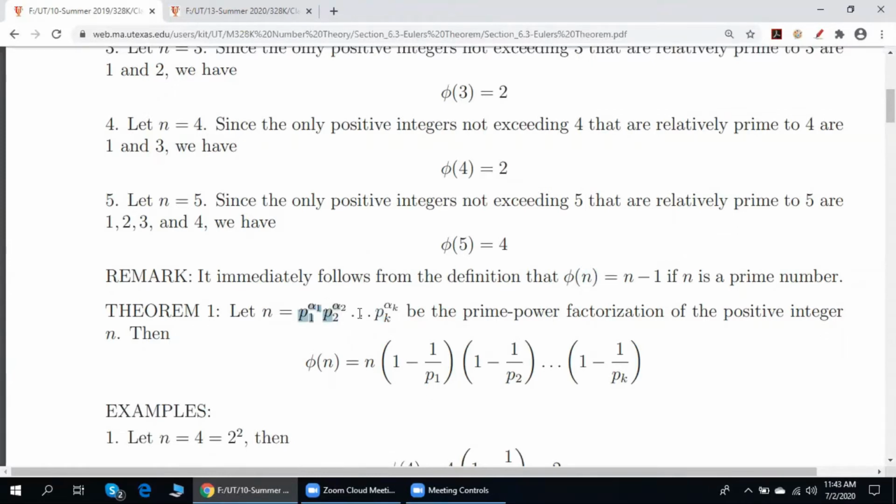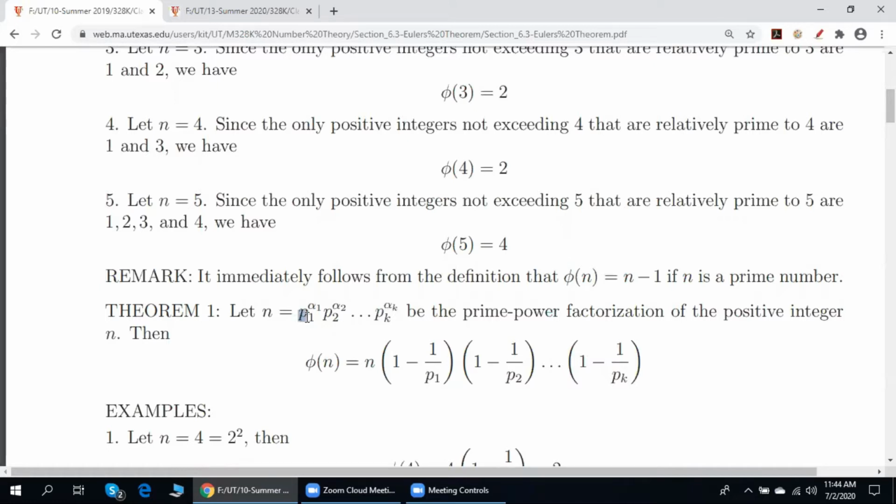Let us consider the prime power factorization of n. Then phi of n is equal to n times 1 minus 1 over p1, times 1 minus 1 over p2, and so on, times 1 minus 1 over pk.